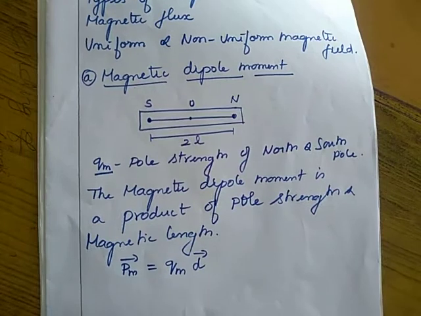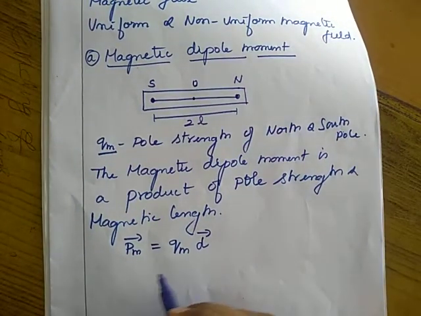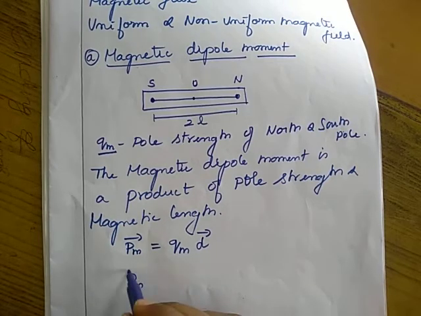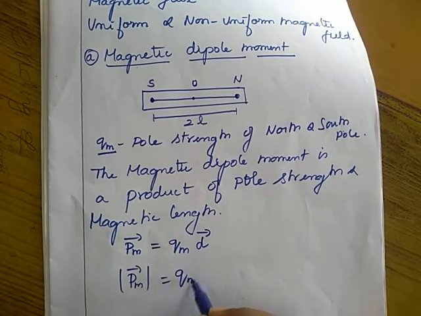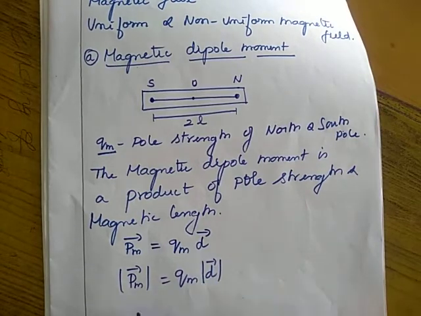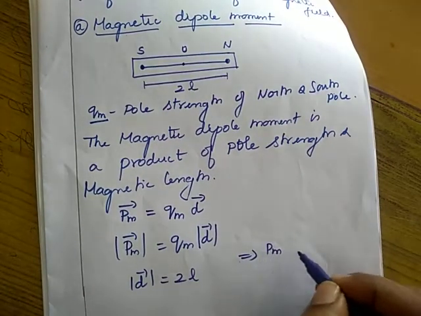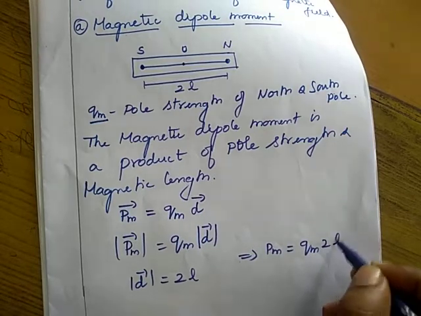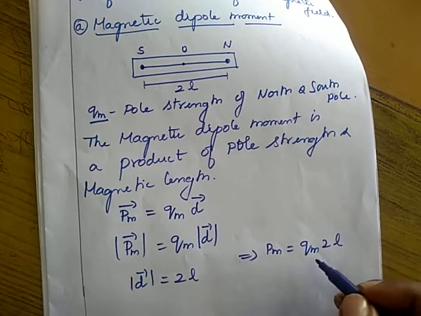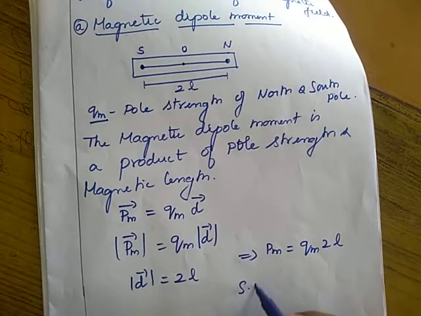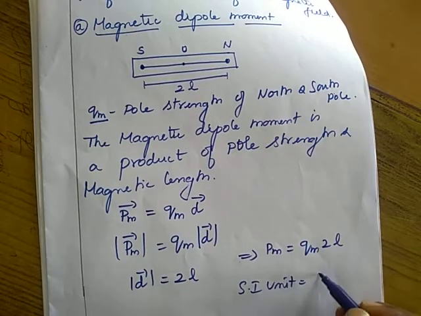Listen, if we write in magnitude form, then the modulus of PM vector is equal to QM times the modulus of D vector. We know very well the modulus of D vector is 2L. Then we can write PM is equal to QM into 2L. Here the SI unit of magnetic dipole moment is ampere meter square.